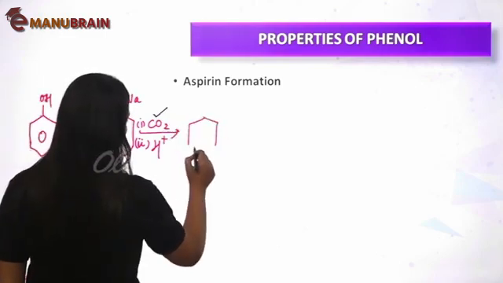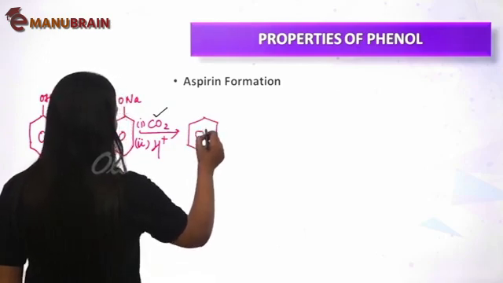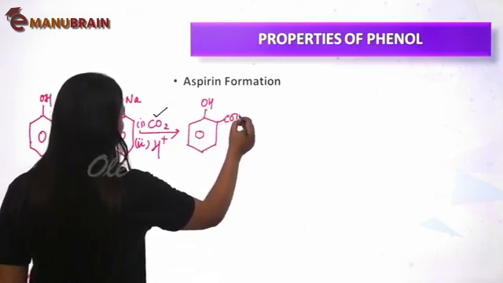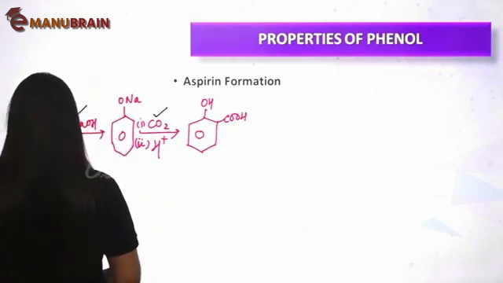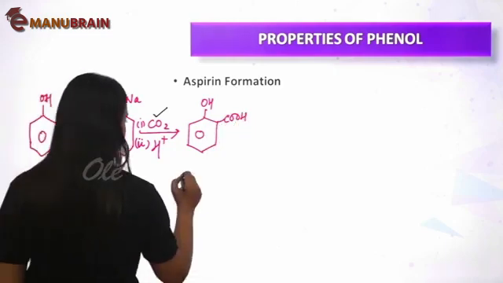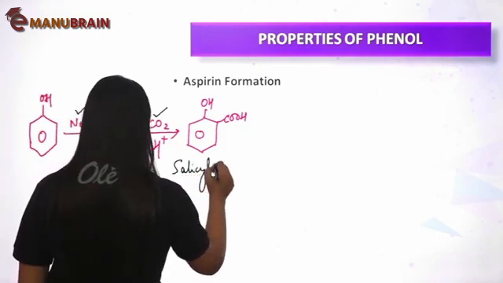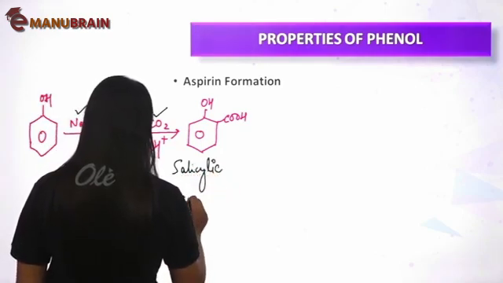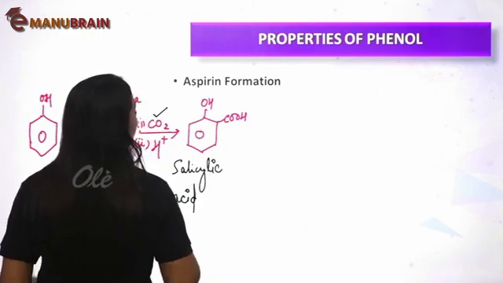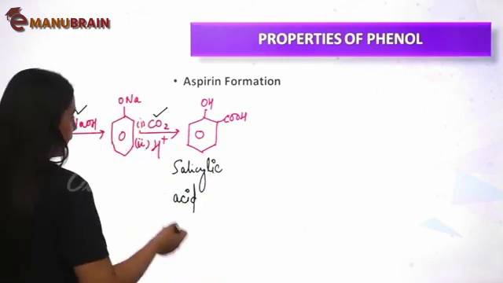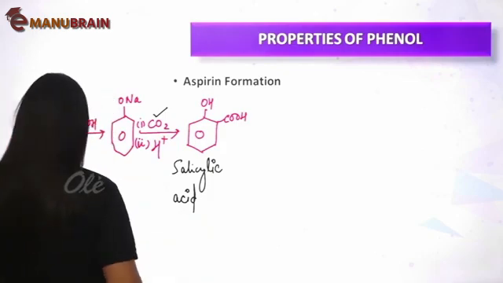Then it gets converted into orthohydroxybenzoic acid, which is known as your salicylic acid. This aspirin is known as your 2-acetyl benzoic acid. Okay, it is a modification of this compound, this aspirin.